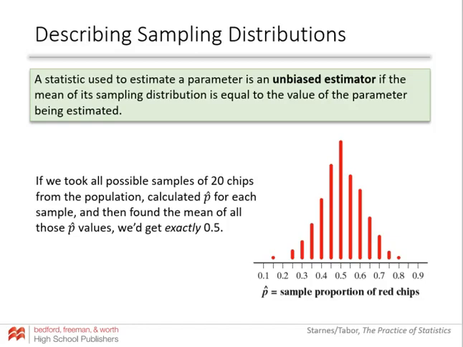So in this case, we had all of these different dots that are all of these different sample proportions. If I found the mean of all these proportions, it would equal exactly 0.5, which means that p hat, the sample proportion, is an unbiased estimator of the parameter proportion. Okay.